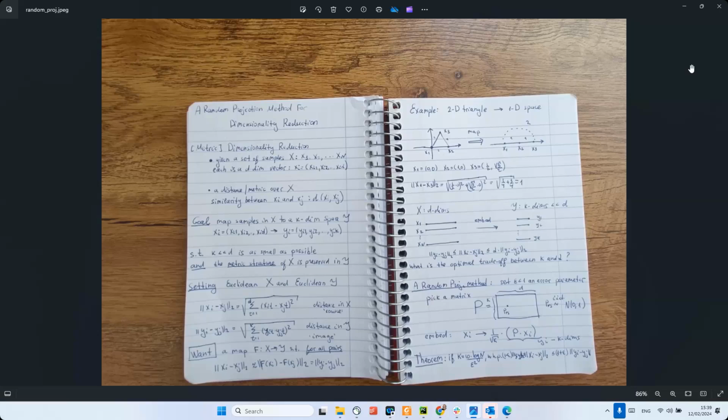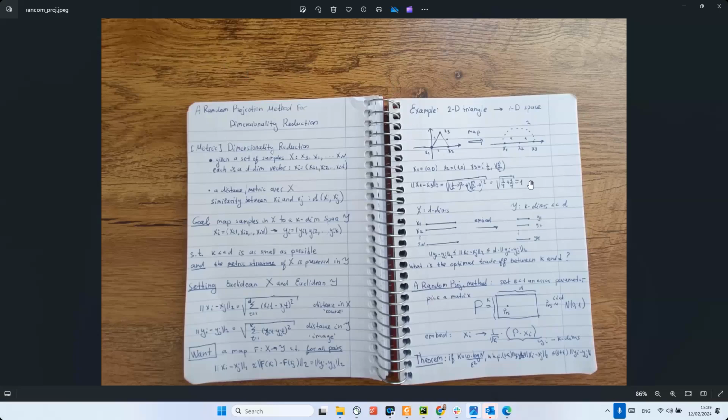All three of them appear in the proof. So I think it's nice to see the application of these inequalities in this theorem. Great. Okay, so that's all for today. Thank you.